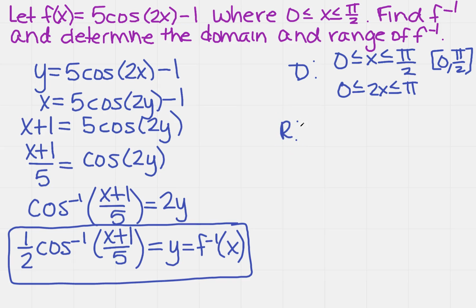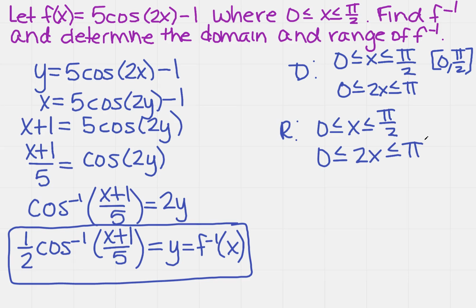So how in the world am I going to figure out what the range is? Well, I know that I'm starting with 0 is less than or equal to x is less than or equal to pi over 2. I need that 2x in the middle, so this is 0 is less than or equal to 2x is less than or equal to pi. Okay, so that hasn't really got me anywhere, right? I need to make it look like what I started with. Well, I could take the cosine of each part of the inequality.